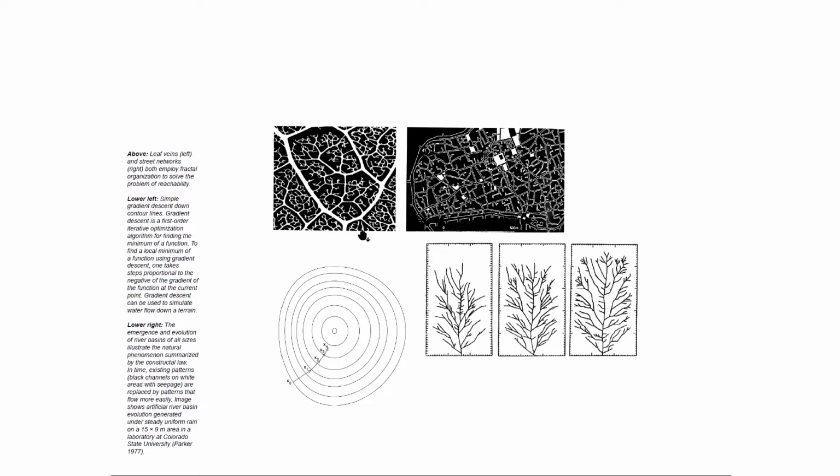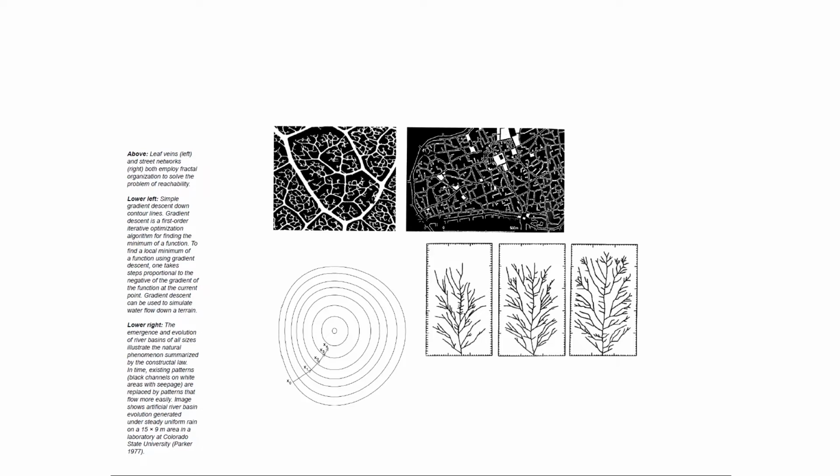Then, jumping scales, this is actually a leaf. It turns out that these flow problems are related to the problem of reachability. I have a surface, and I have a linear element, in this case a vein of a leaf, and I'm trying to reach with this linear element every, or as many as possible, surface elements of that leaf.